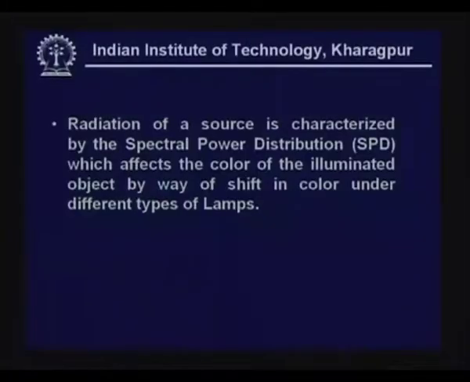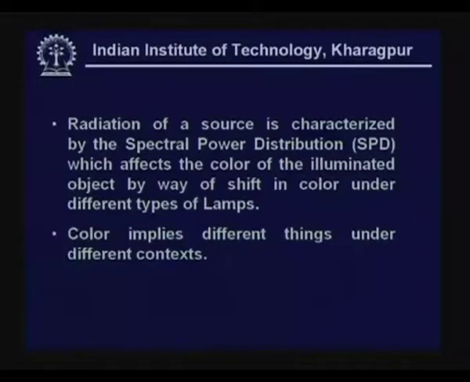The object color perceived would be based on the color that is reflected, and therefore there is a shift in color depending on the type of lamp. In fact, when using a lamp, we try to see that the object appears the same as it would appear under natural light conditions. That is the emphasis.